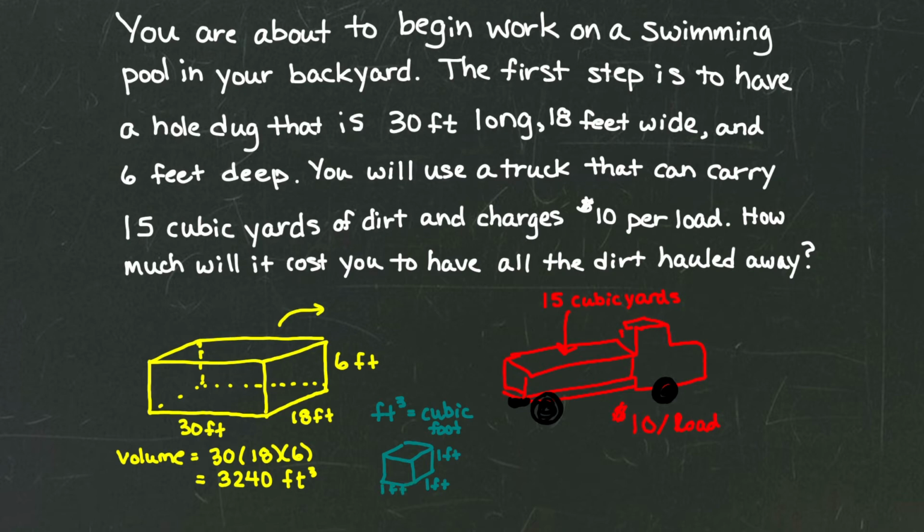So a cubic yard, well, a cubic yard then has to be similar in nature. A cubic yard is simply a cube that is 1 yard on each side. Or, if you like, every yard is 3 feet. So a cubic yard is actually a cube that is 3 feet by 3 feet by 3 feet. In other words, 1 cubic yard can be thought of as 27 cubic feet.